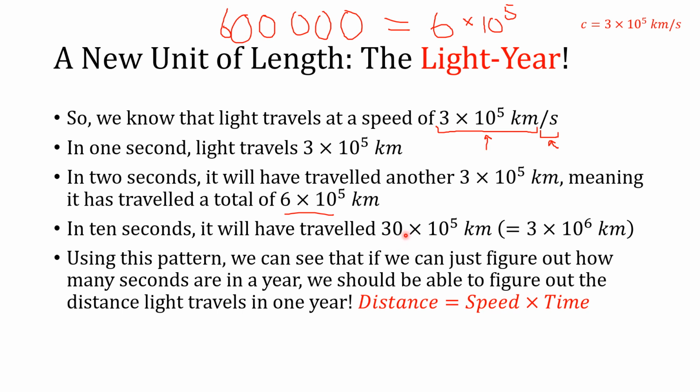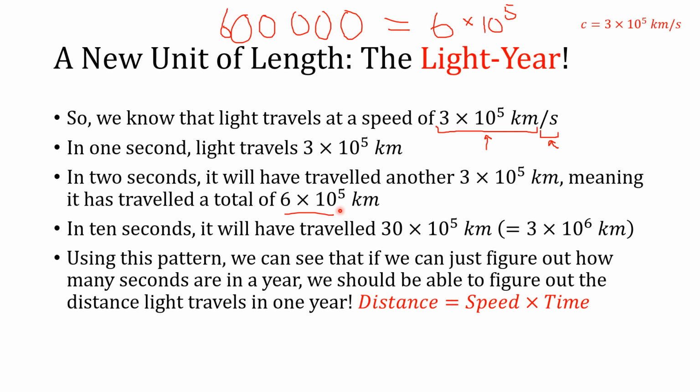So if I move the decimal point over, so instead of a 30, I have a 3, then I make up for moving the decimal point to the left by 1 spot by increasing the exponent on the 10 by 1. If that's not making sense, don't worry about it. The idea is just that light travels 300,000 kilometers in 1 second, and it'll travel another 300,000 kilometers every single second, right? That's what it means for that speed to be that speed, is that each second it'll travel that distance.